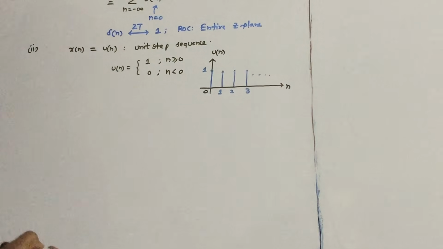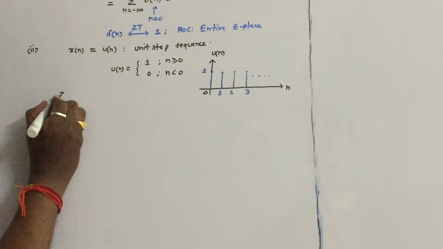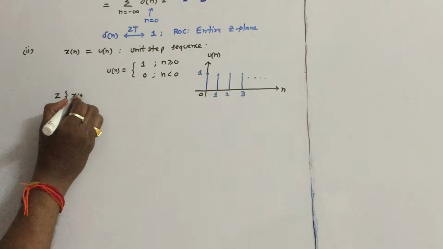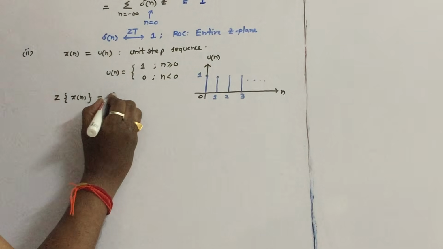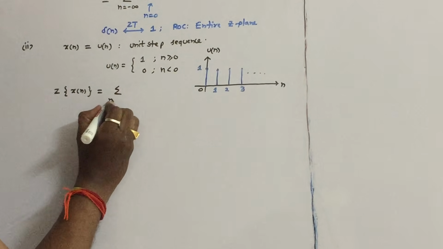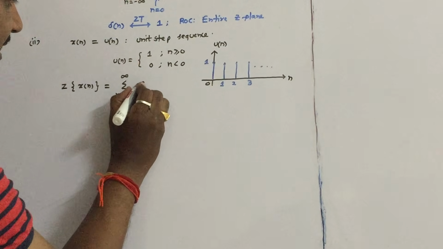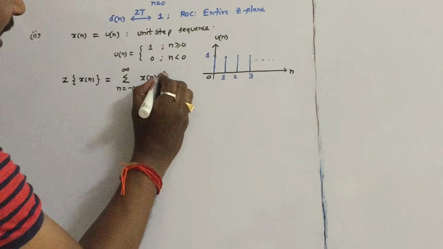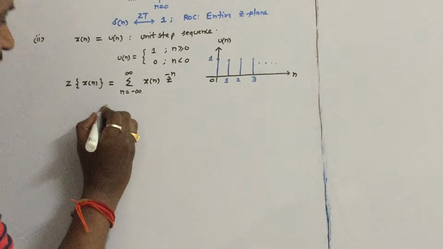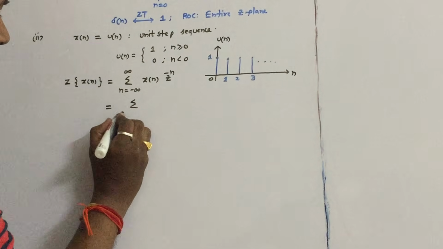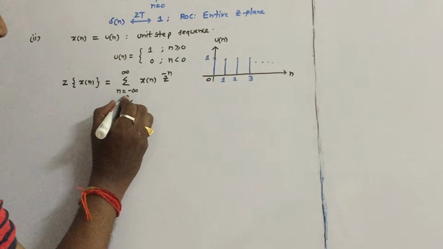So let us find out the Z transform of this. First let us write the two-sided Z transform definition. Z transform of x of n is equal to summation n is equal to minus infinity to infinity x of n into z power minus n. What is x of n given?